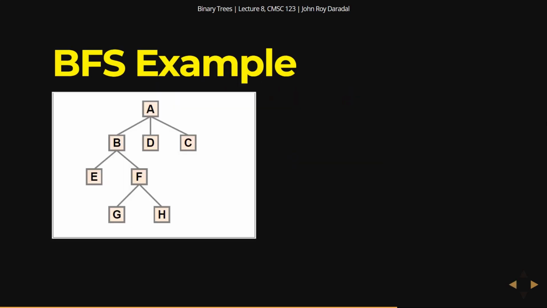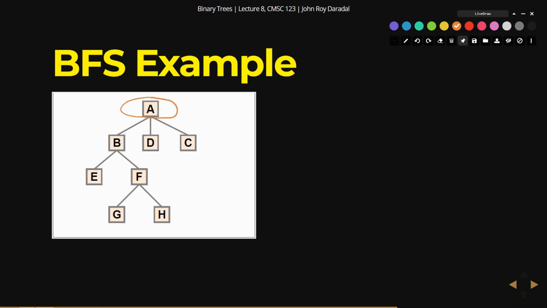For example, in this tree, BFS will process it like this. Per layer, it will process layer 1, so you have A, and then the next layer, so you go from B, D, and then C, from left to right. The next layer will have E and then F, and at the last layer you have G and H. Pretty straightforward, right?